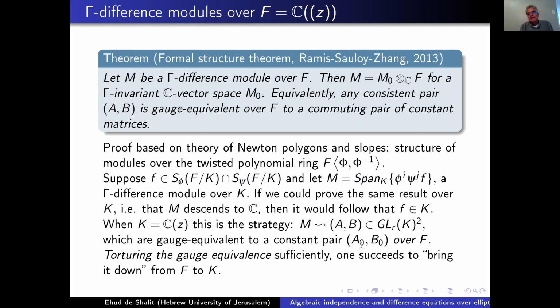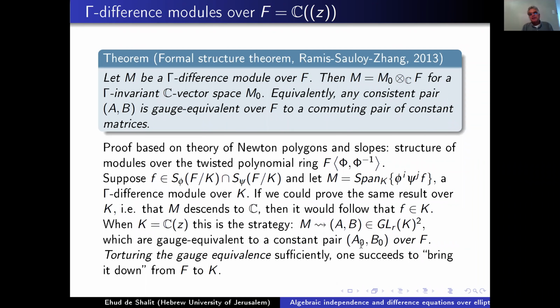Okay, so you can take such an M naught and impose on M the phi and psi that take into account the action of phi and psi on F. So this is a very strong assertion that says that in a way M is almost trivial.